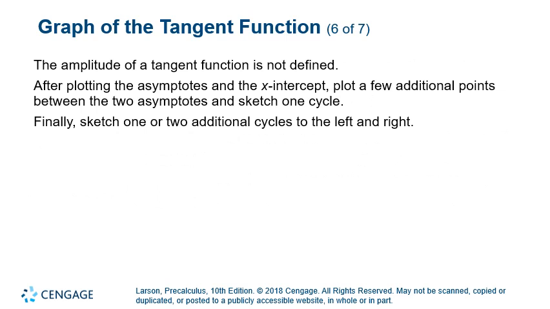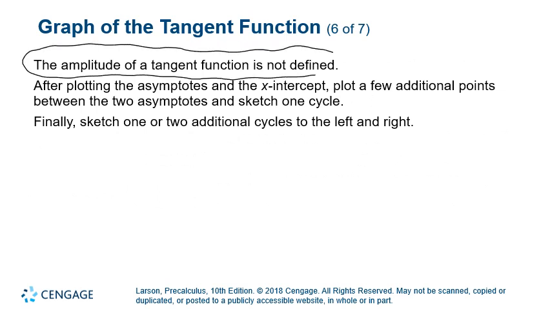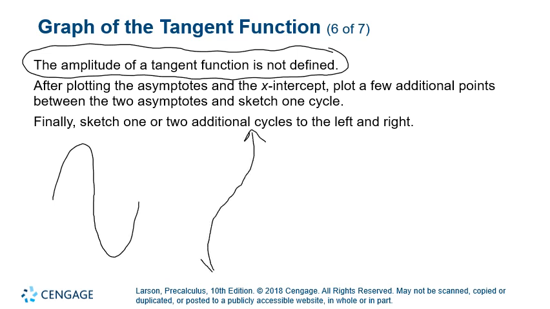Now, as far as amplitude goes, we don't really define it as an amplitude because it's not something like the sine function where it has a min and a max. The tangent function is going to keep getting bigger and bigger in this direction and keep getting smaller and smaller in this direction.